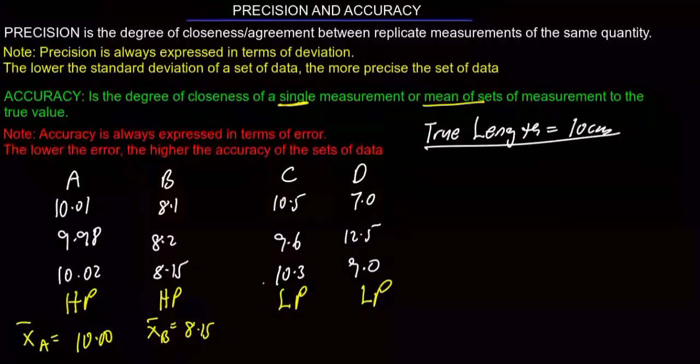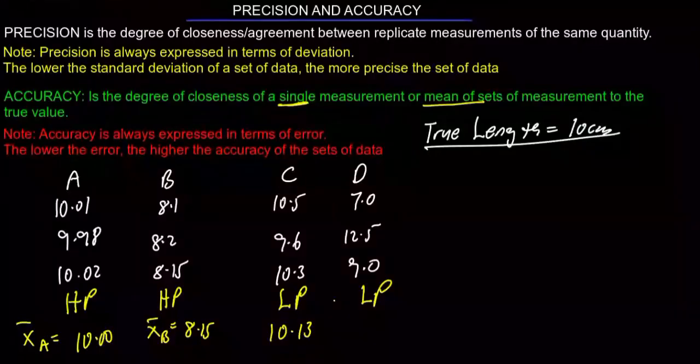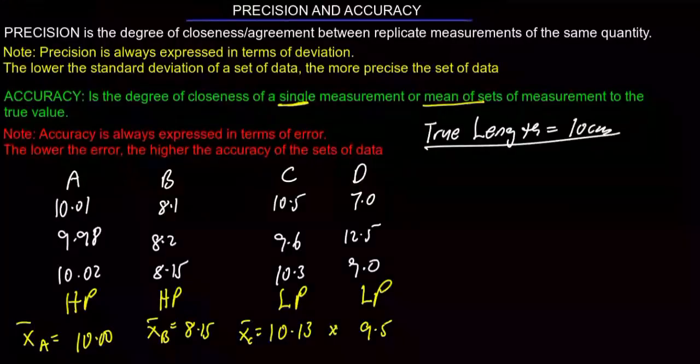This will give me 10.13. And for D, we have 7.0 plus 12.5 plus 9.0 divided by 3. Also follow me with your calculator. So I have this to be 9.5. That's the mean of C and the mean of D.